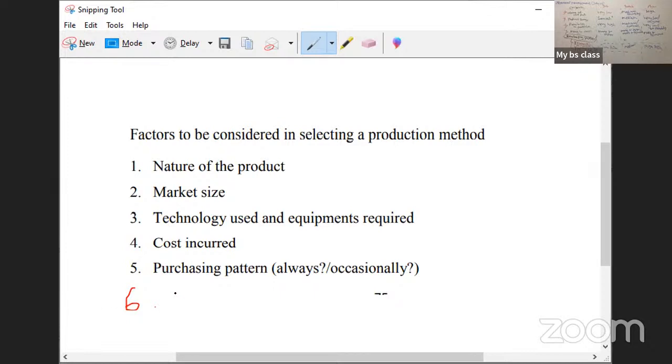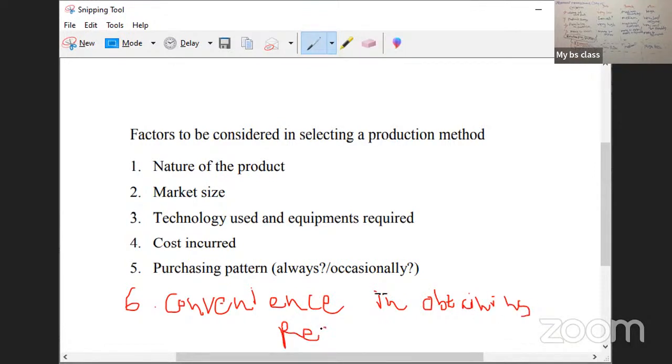And another point, I would say, convenience. Convenience in obtaining resources. That's just what I checked in the paper.